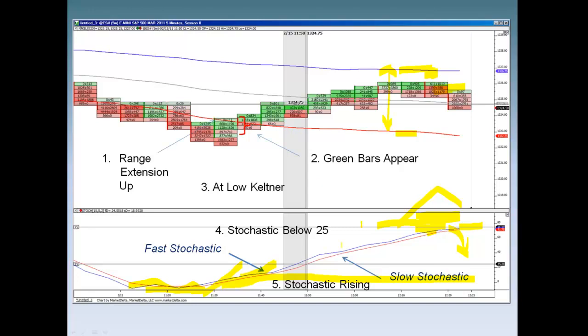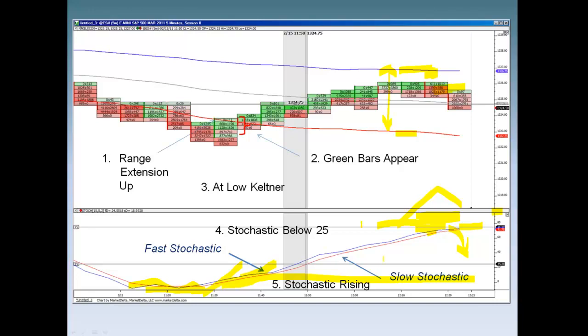Now, the unbound and bound feature. Bound stochastics can only go up to 100 on the scale. An unbound stochastic, like the one that Market Delta features, will allow you to go as high up as it wants. And this is very nice in a way because it doesn't restrict my stochastic, and it gives it freedom to move up as much as it wants.